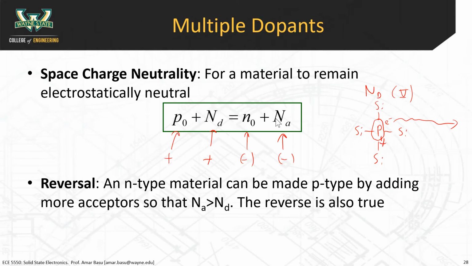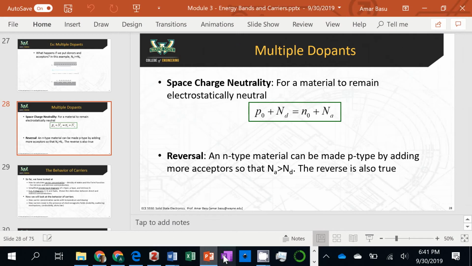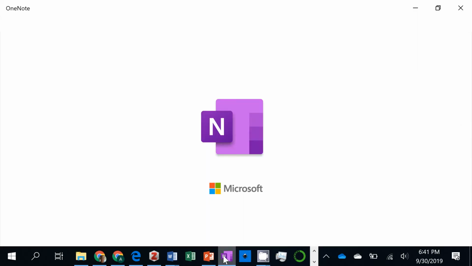But let's talk about a simpler problem, just to make sure that the intuition's in there. If I say I'm only doping it, and there's no multiple dopant business here, just a single dopant, column 5, phosphorus, doped at a density of 10 to the 16th per centimeter cubed. So we'll do another example problem.